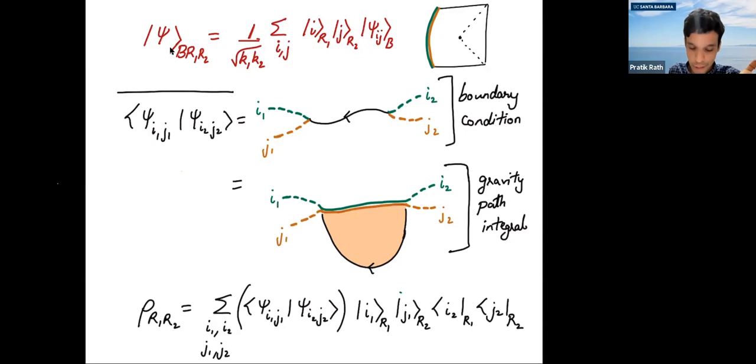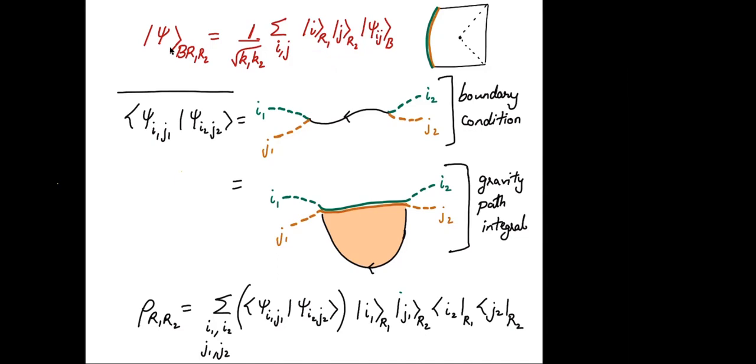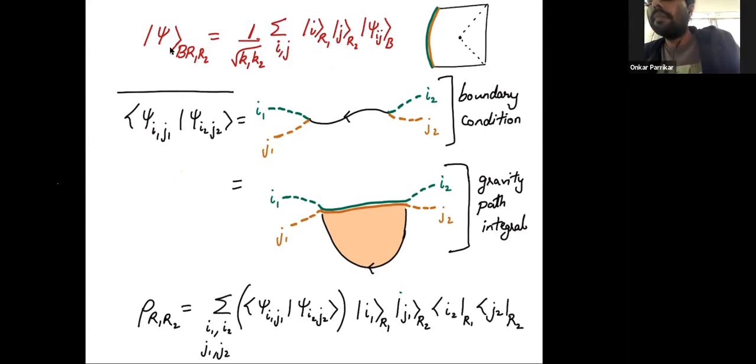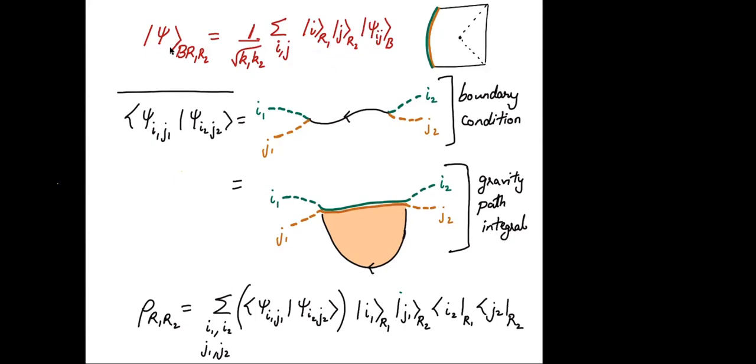I and J here are the states of the radiation as well, but we're also using it to label the states of the brane, which in this dual description are these random superpositions over energy eigenstates. But the way Onkar was saying it, it sounded like the states of the matrix model, which was dual to the JT gravity, right? Yes, that's correct. But in addition to that, there's radiation, I thought. Yes.